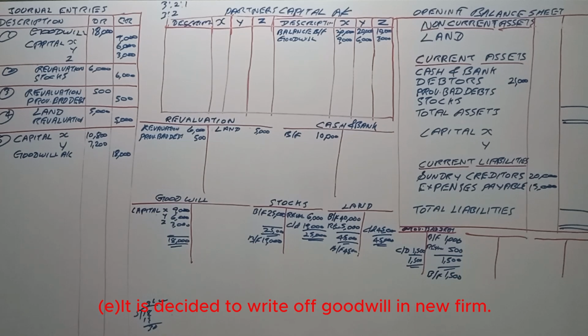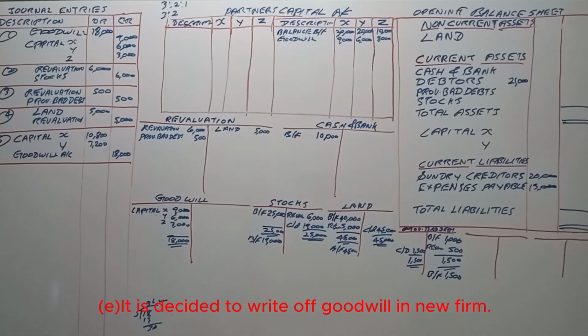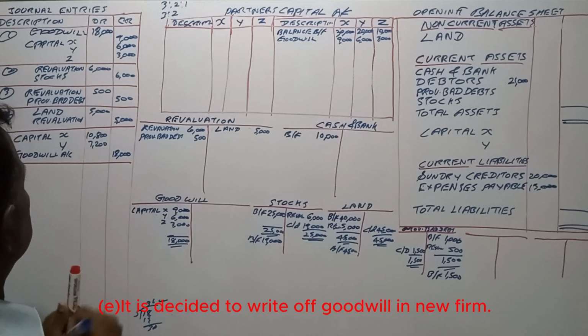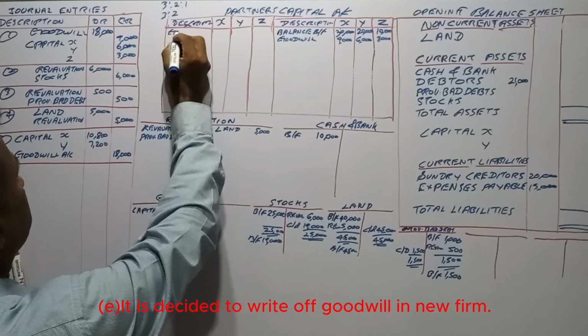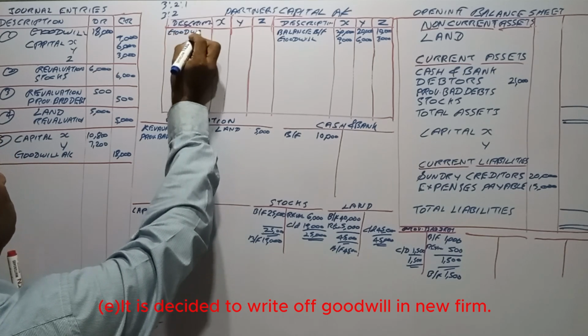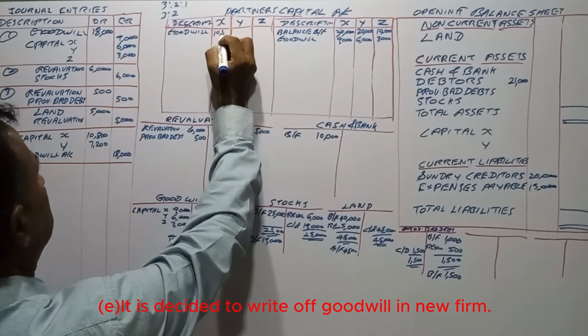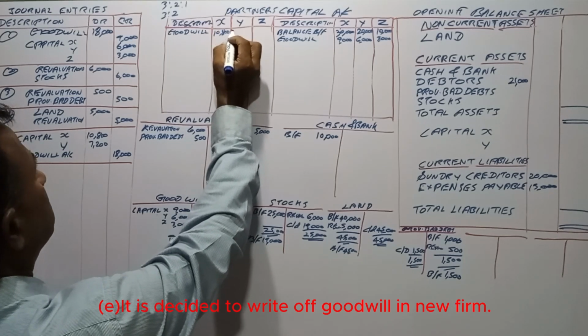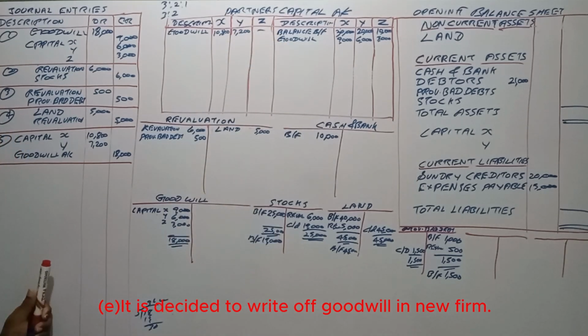7,200 is the goodwill share, for writing off the goodwill, right? How? Capital account debit. Capital account debit means goodwill account debit, 10,800 and 7,200 amongst the current partnership.